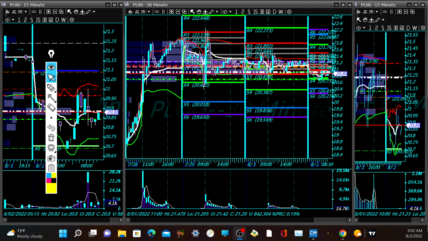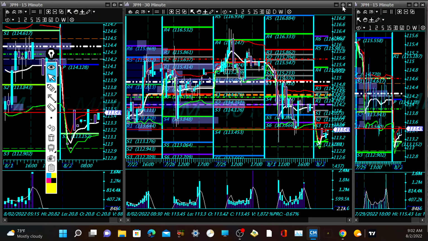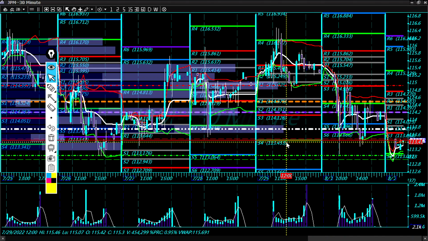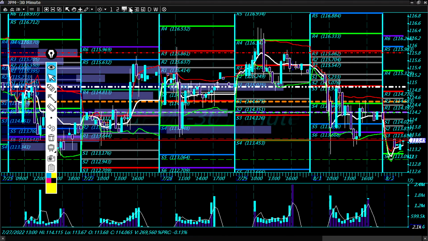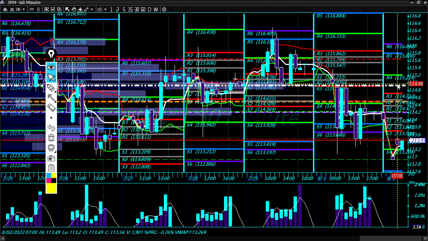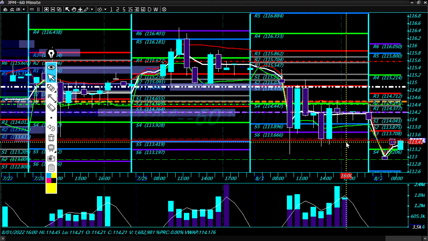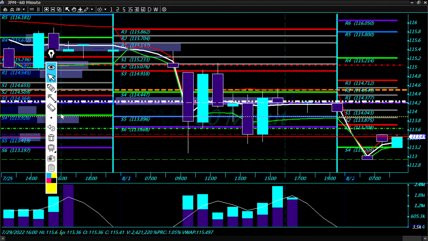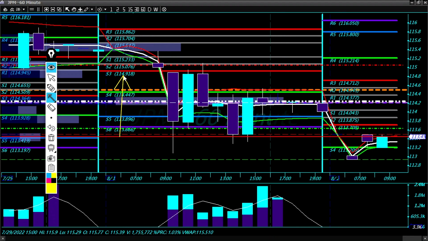Alright, let's go to DAS Trader Pro for that so you can see the pre-market. Alright, so this is on my watch list here, JPM. Let's see, we have a 60-minute. Right, so we have a lower value relationship on the Camarilla levels. Previous day S3 is at 114.91.